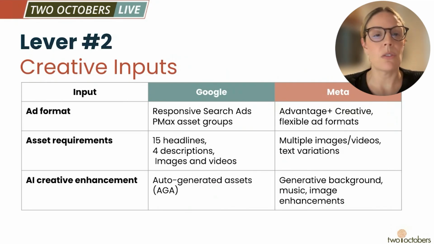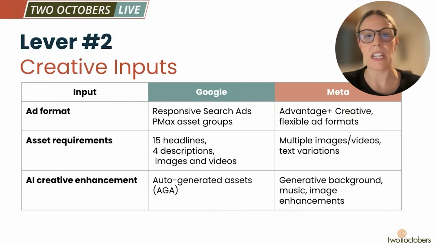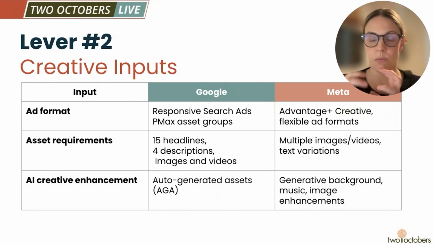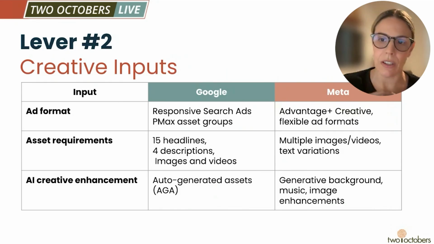With Google, the responsive search ads and PMAX asset groups allow you to feed in a number of different headlines, descriptions, images, and videos, all of these different pieces of content that can be dynamically generating new ads all the time that are tailored to your audience.